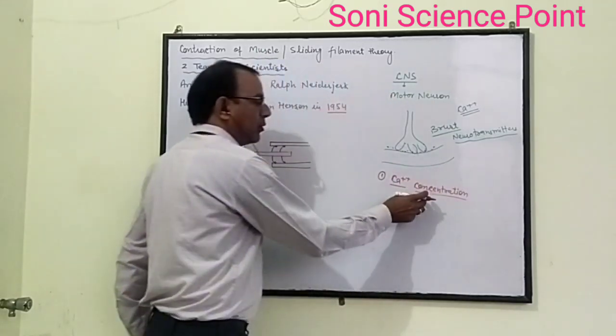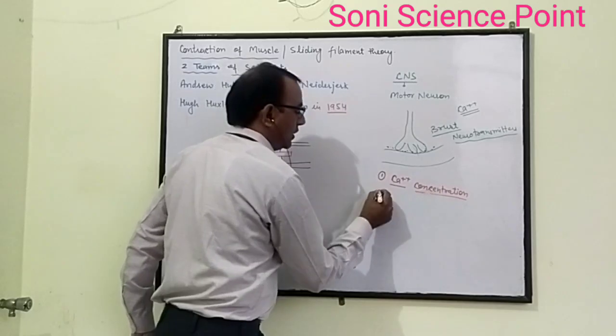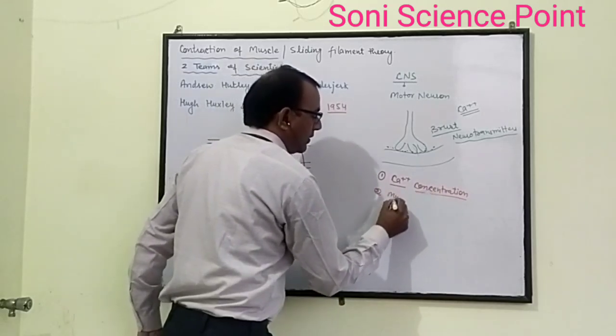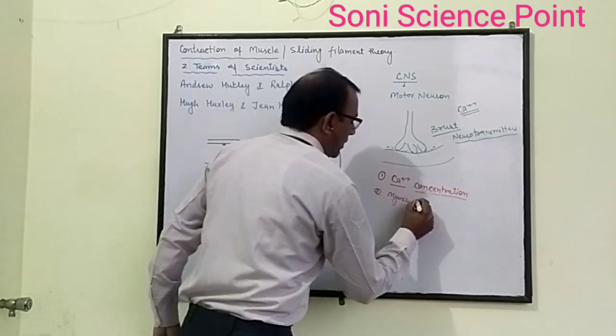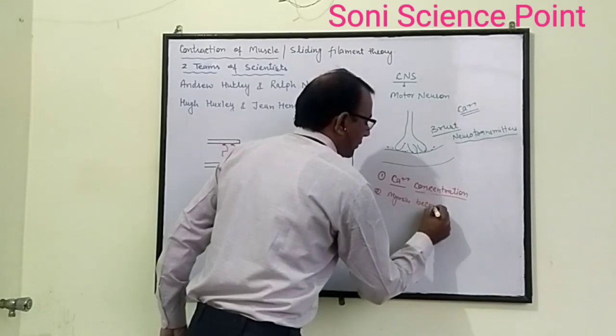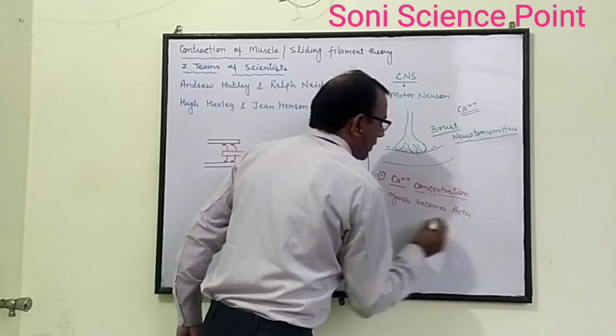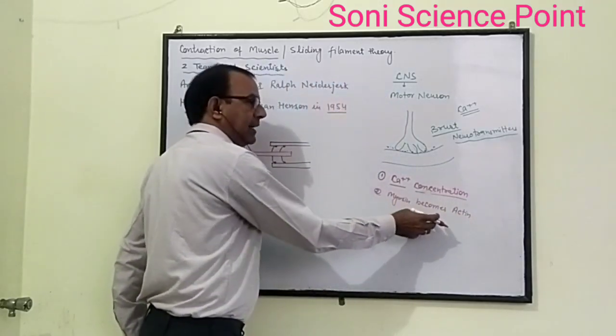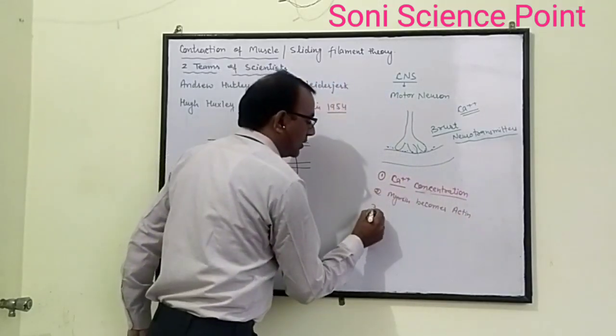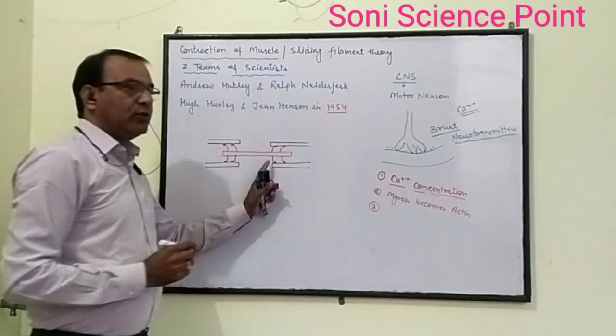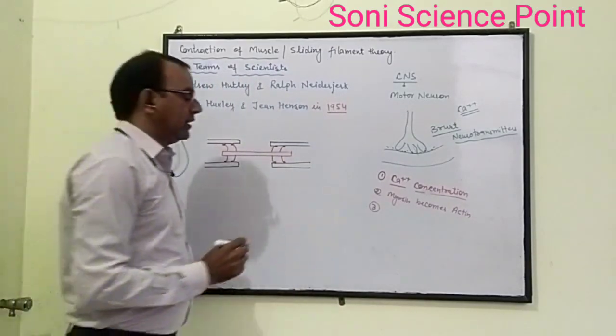Due to this calcium concentration, myosin becomes active. When myosin is active, the cross bridge between myosin and actin takes place.